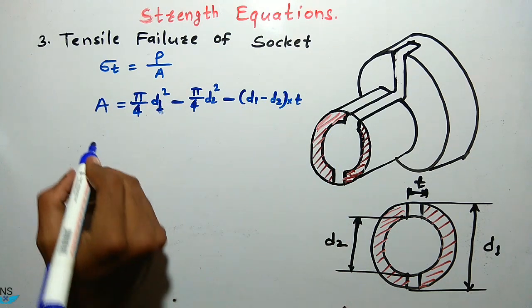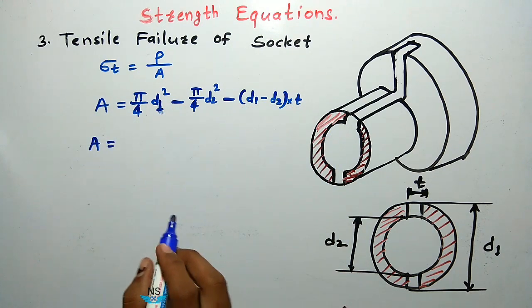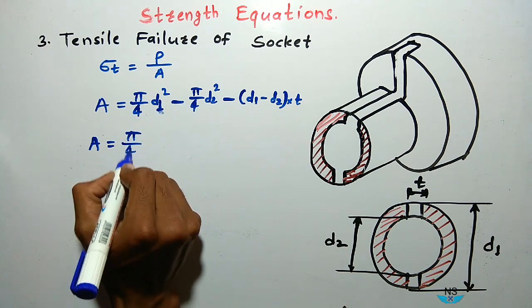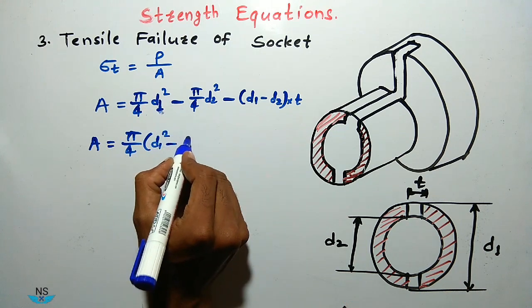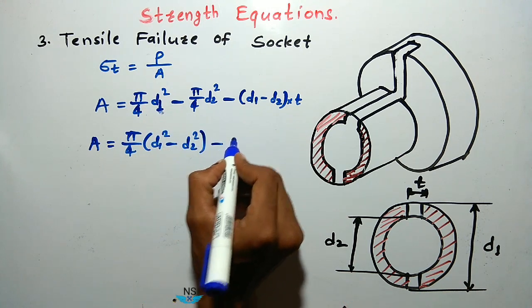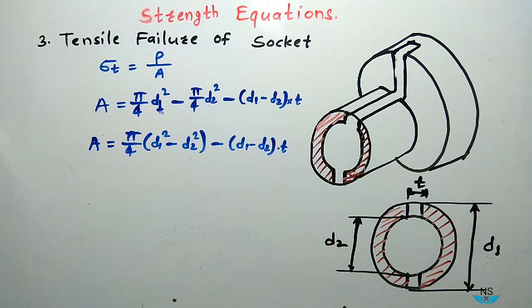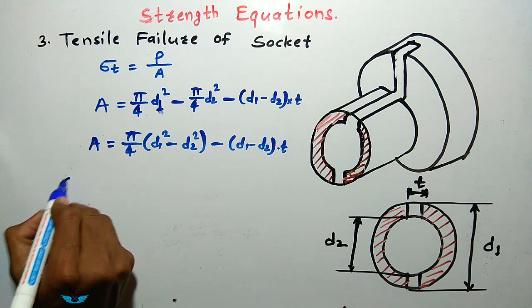So this is the area of failure. Now I can write pi by 4 is common in these 2. So pi by 4 d1 square minus d2 square minus d1 minus d2 into t. This is the area of failure.